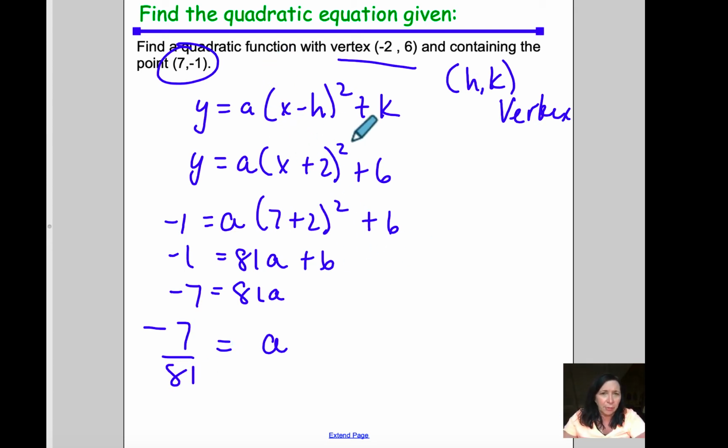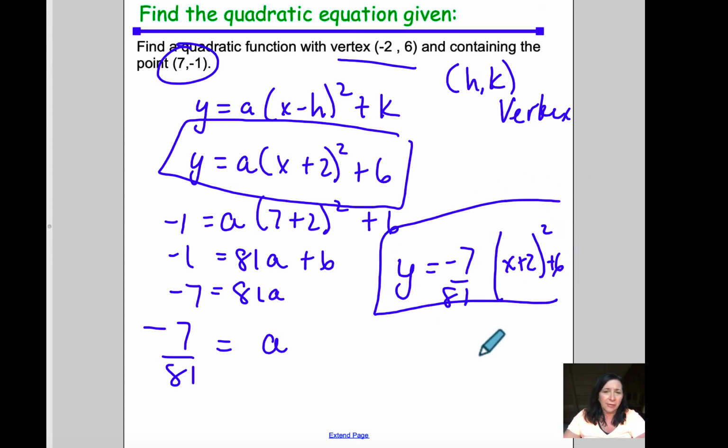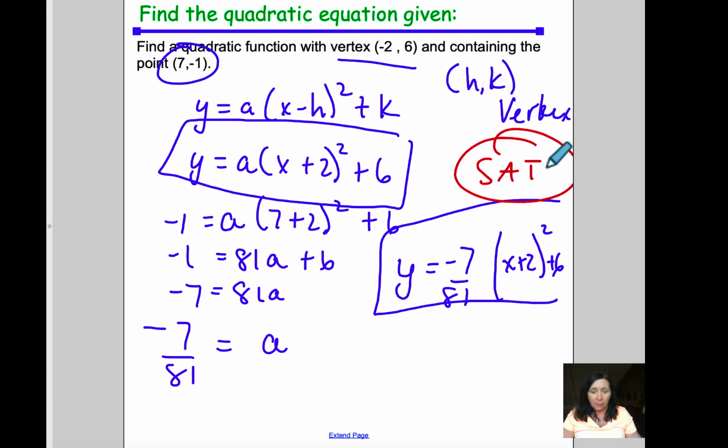We plug it back into this equation and say y equals negative 7 over 81 times x plus 2 quantity squared, and then add 6. Our equation for our quadratic is in vertex form, and you're going to see this in another place. Definitely.